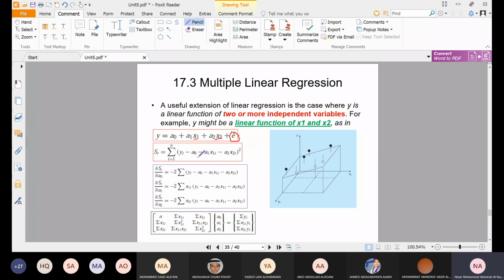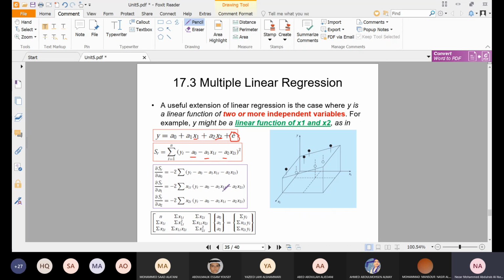Then we minimize. To find the best fit, we need to find the values of these coefficients, a0, a1, and a2. That means we need to differentiate S sub r with respect to the coefficients a0, a1, and a2, and after that equate these to 0.